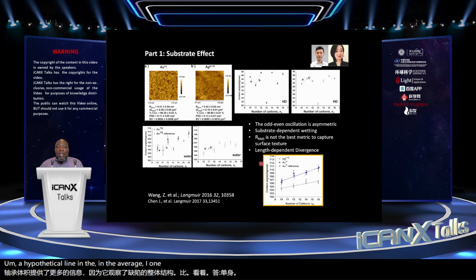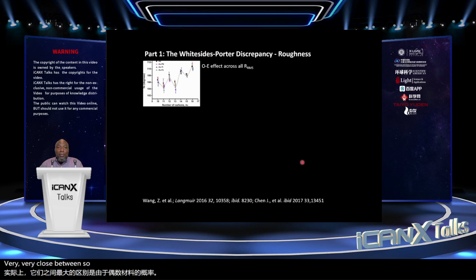And when we use the bearing volume, we can distinguish where the differences between gold and silver are coming from. And we see that the biggest difference between them is due to the even numbered material. The odds are very, very close between silver and gold.